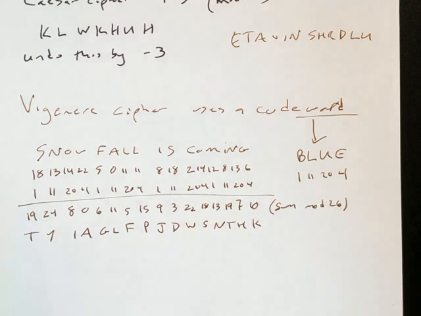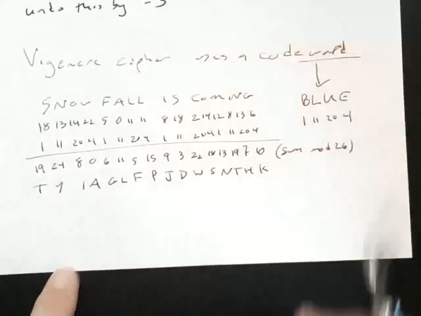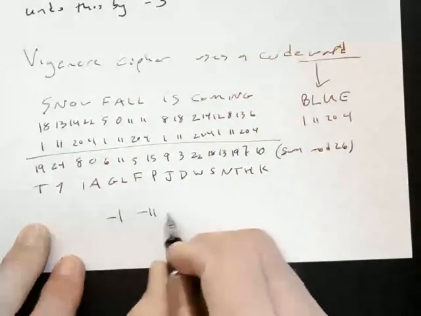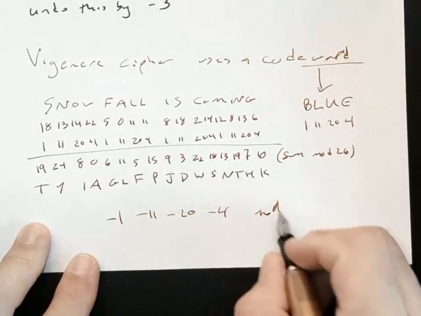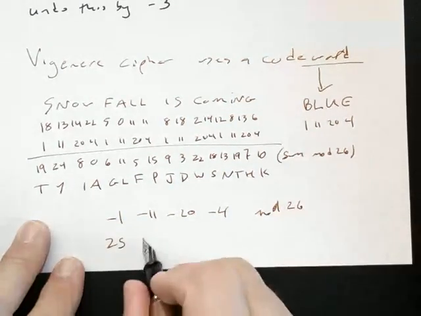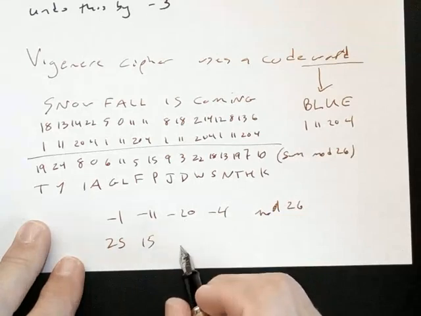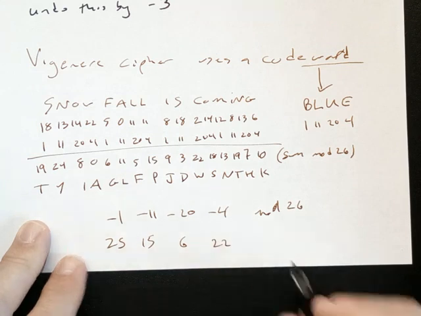So mod 26, -1 is 25, right? -11 is 15, -20 is 6, and -4 mod 26. So there's my code word.